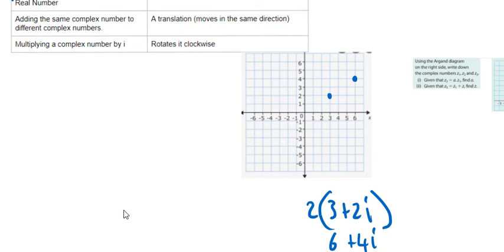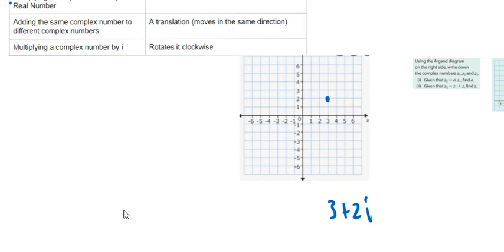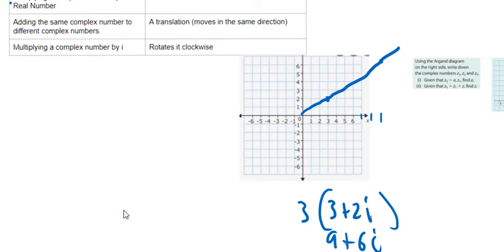It doesn't matter what real number I multiply by. If I multiply it by 3, for example, then I would get 9 plus 6i. You can't really see it on the diagram here, but 9 would be about there and 6 about there. So again, it's still in a straight line from the origin.